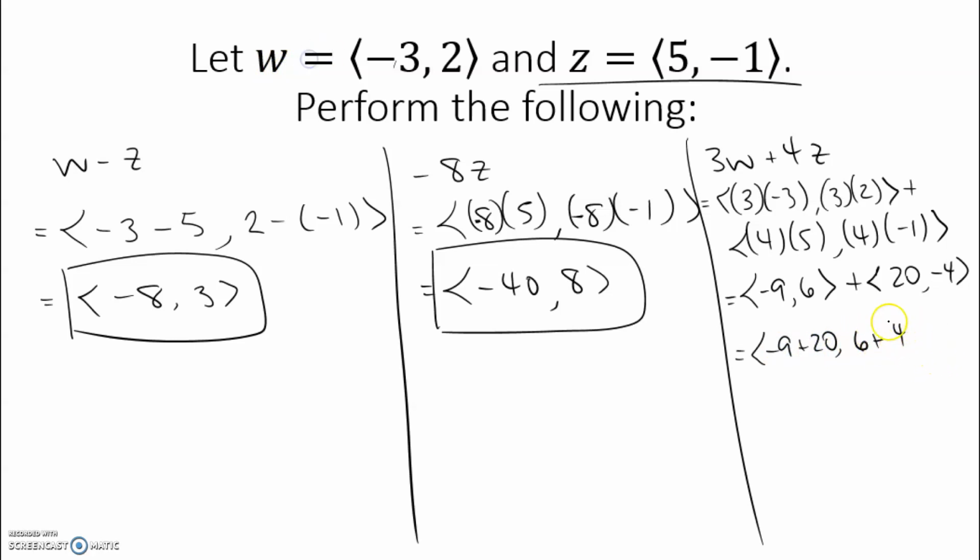You could write plus a negative 4; it means the same thing. Negative 9 plus 20 is 11, and 6 minus 4 is 2. That's your final answer right there.